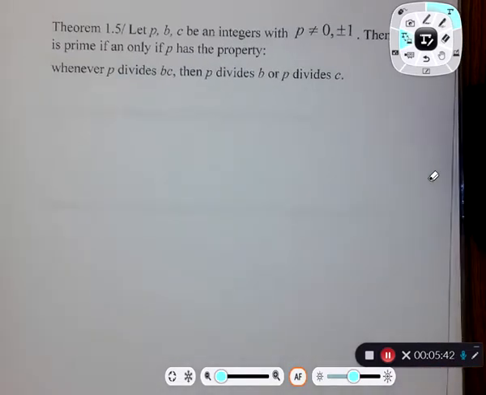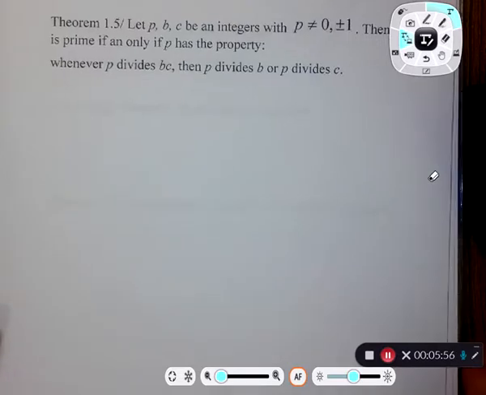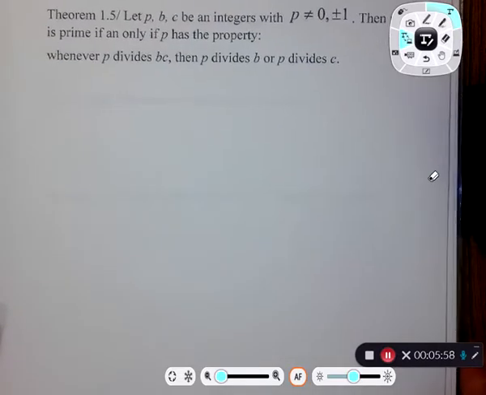Theorem 1.5 states that let P, B, and C be integers with P not equal to plus or minus 1.